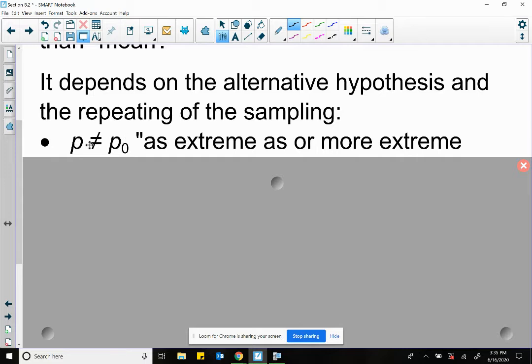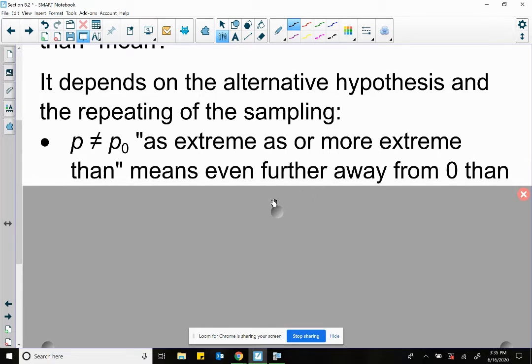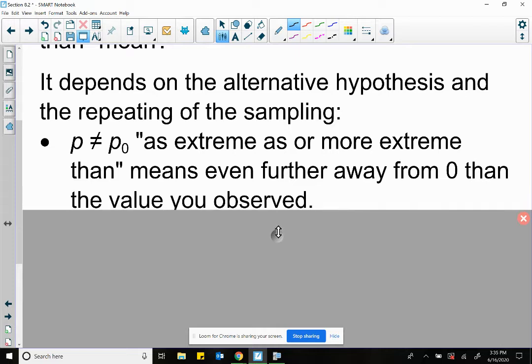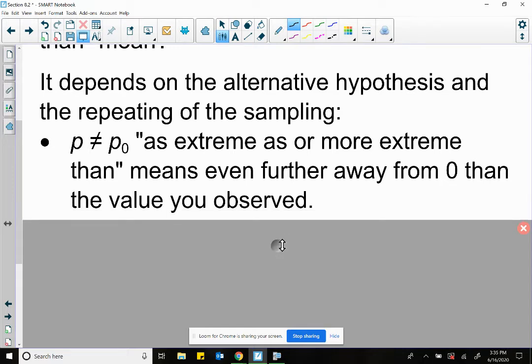So when the alternative hypothesis is not equal, "as extreme as or more extreme than" means that if we repeat this, our observations will be even further away from 0 than the value we observed. In the example from the previous one, we had a person telling the difference between Coke and non-Coke, or between 2 different sodas.